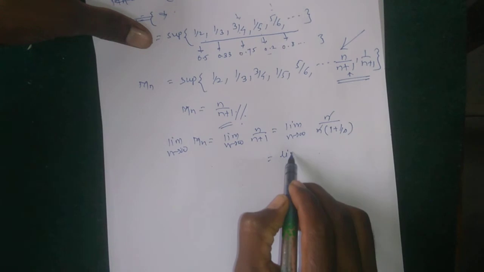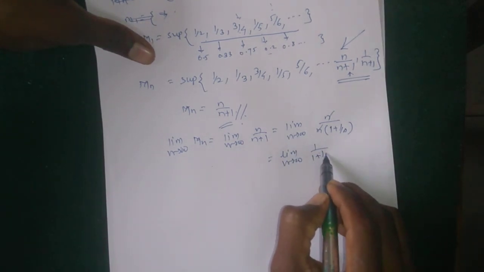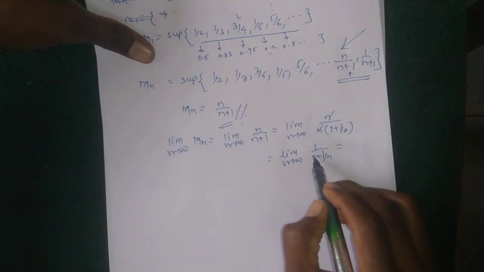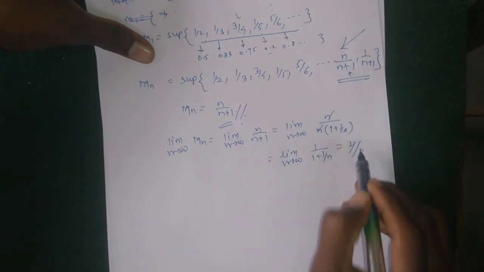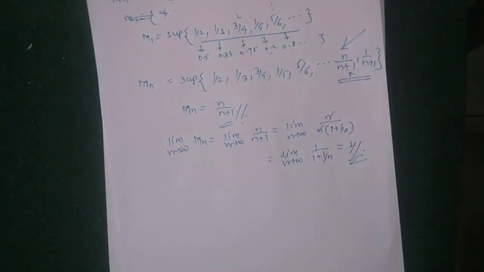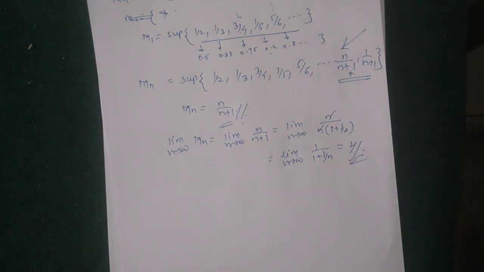We get the limit as n tends to infinity of 1 divided by 1 plus 1 by n. When n tends to infinity, 1 upon infinity is equal to 0, and 1 divided by 1 is equal to 1. So this is the value of the given limit superior.